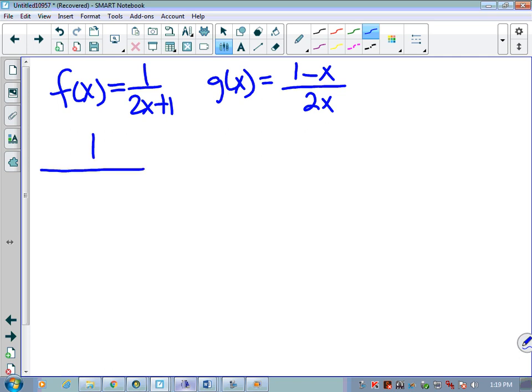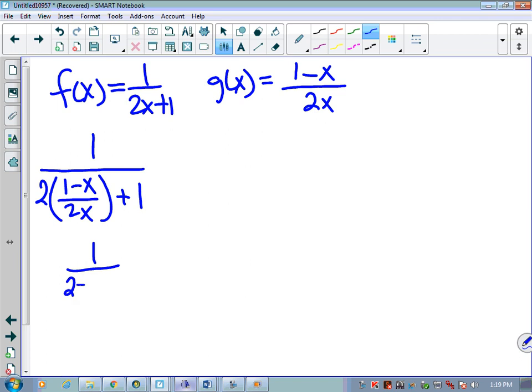So we're going to start off with 1 over 2 times, well, what's going to go in here is all of g of x. So 1 minus x over 2x plus 1. Okay, so we're going to try to simplify that as much as possible using order of operations. So I'm going to distribute the 2 to the numerator.